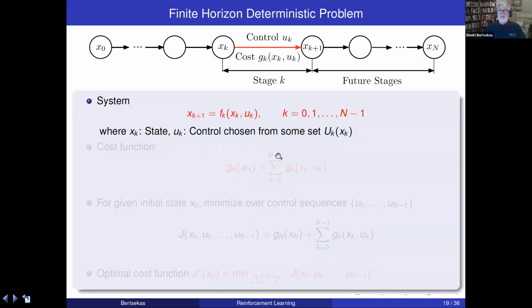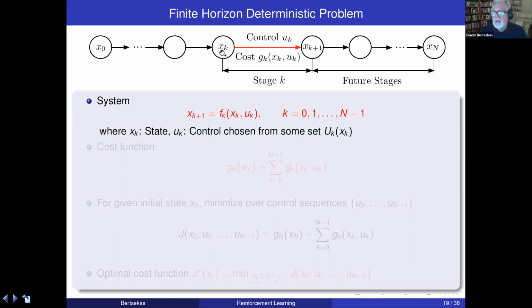So what's a deterministic problem? We're going to talk first about finite horizon problems. Horizon means the length of time over which you exercise control. So n denotes the end of the horizon. Here these problems involve starting at a given state, x0, going to state x1 at time 1.